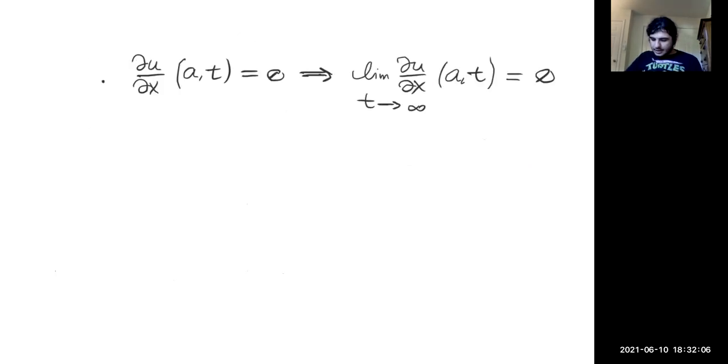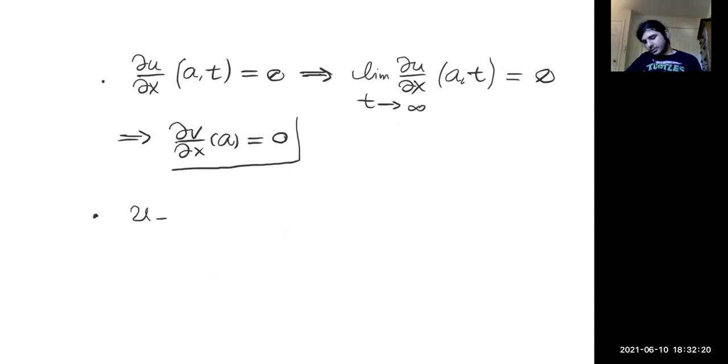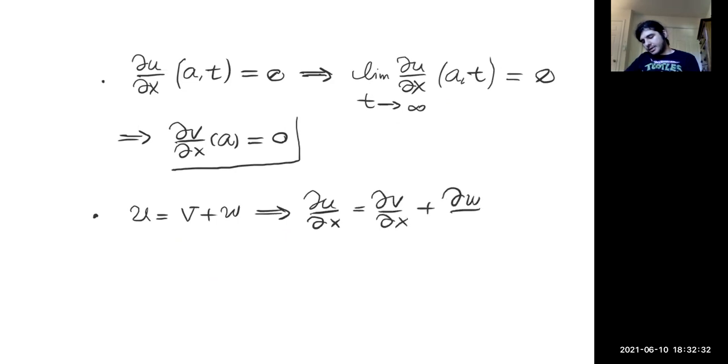Okay, great. So we can take t to infinity, and we see the derivative of v with respect to x at the point a is equal to 0. So that was one condition. On the other hand, u is equal to v plus w, and therefore the derivative of u with respect to x is equal to the derivative of v with respect to x plus the derivative of w with respect to x. Now at the point a, this condition says the derivative of u with respect to x is 0, right?